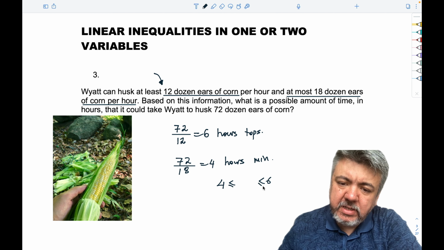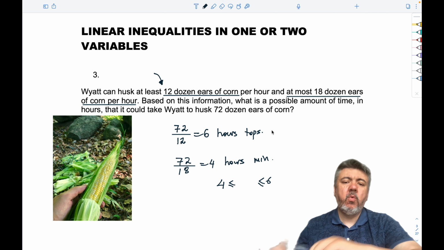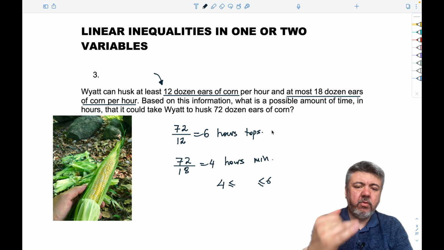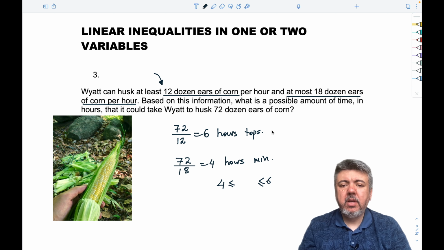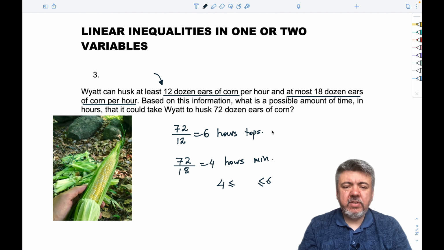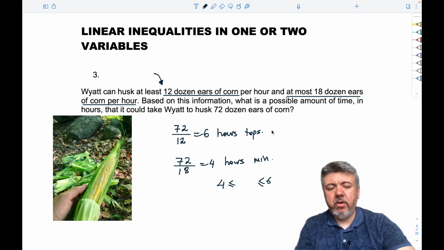Actually, 4 and 6 are also included. So when he's slow, 12 dozens per hour, 72 over 12, 6 hours. It's the maximum amount of time. And when he's fast, 72 over 18 is just 4 hours. It's the minimum amount of time for him to husk 72 dozen ears of corn.